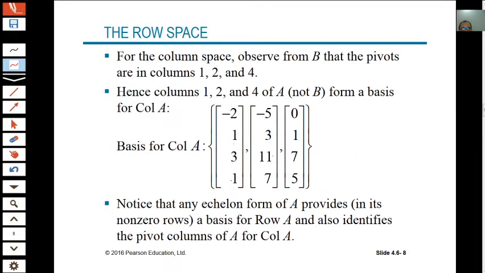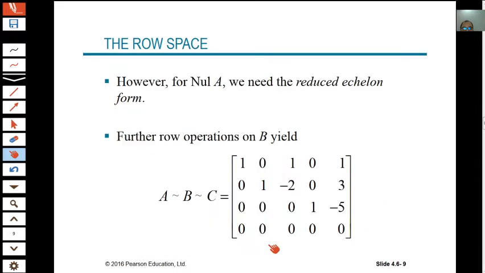Okay. Notice that any echelon form of the matrix A provides a basis for the row space of the matrix A and also identifies the pivot columns of the matrix A for the column space.